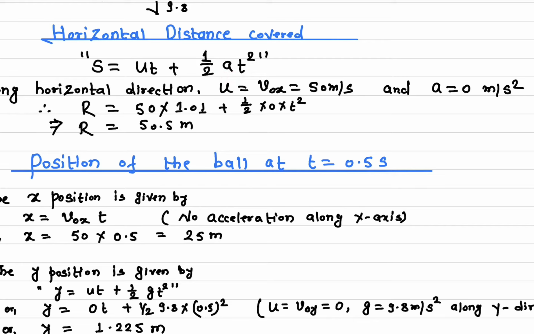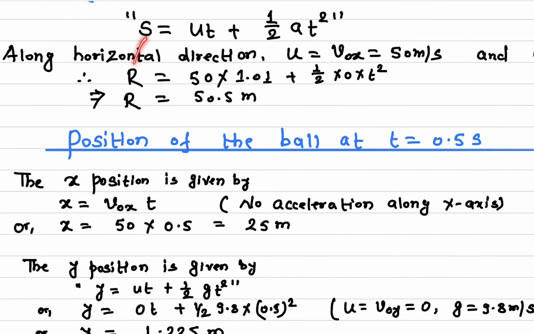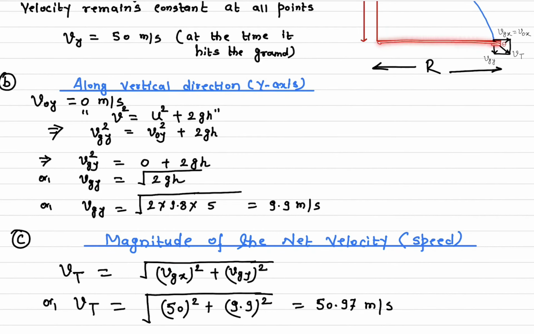The acceleration is 0 along the x-axis because there is no force acting along it. So now we're simply writing S as R. R means the horizontal range or the horizontal distance. This component is now 0. Initial velocity is 50. The time it takes to reach the ground is 1.01. So the horizontal distance we calculated is 50.5 meters. That means this distance is 50.5 meters.